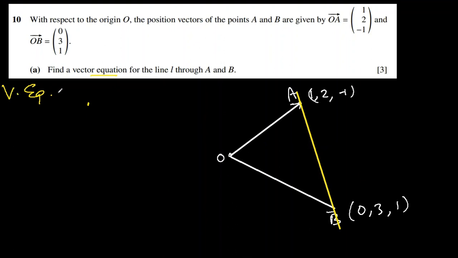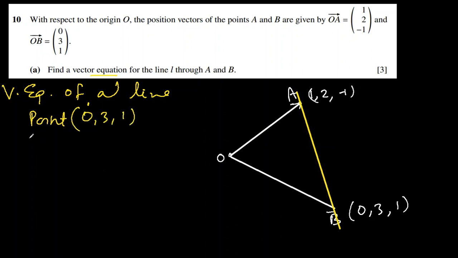So vector equation of a line should have a point first. So what is the point on this line? We can use either this or this. Doesn't matter which one you use. Let me choose the one with 0, so it will be easy to calculate later on if it is needed. So point is 0, 3, 1.